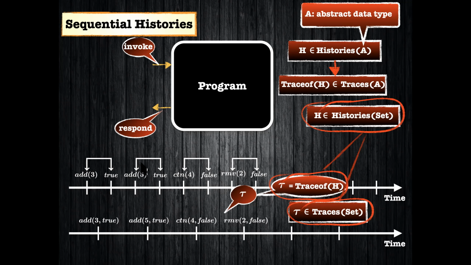Because we know how we translate a history to a trace, and we know whether a trace respects an abstract data type or not, I can decide whether a history respects an abstract data type or not. So I take this trace tau, which is the trace of the history H, and because tau belongs to the set of traces of set, I can say that H belongs to the set of histories of the abstract data type set.